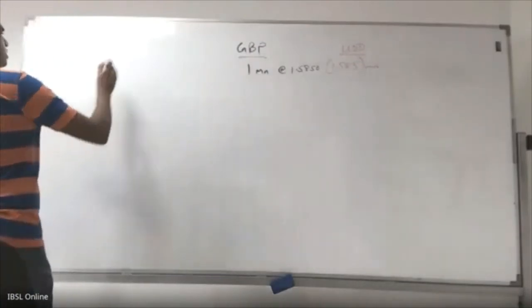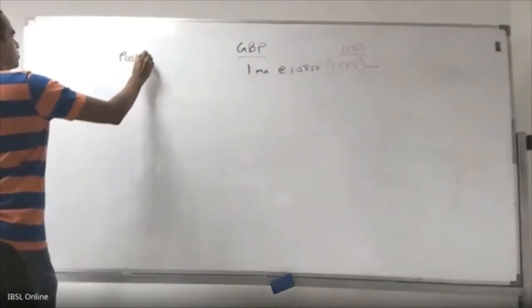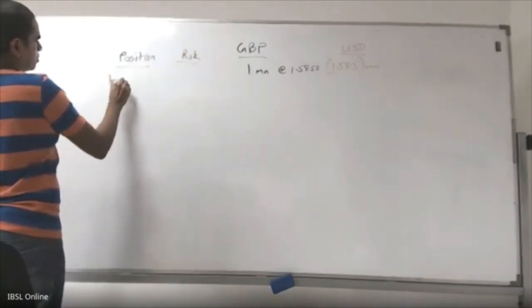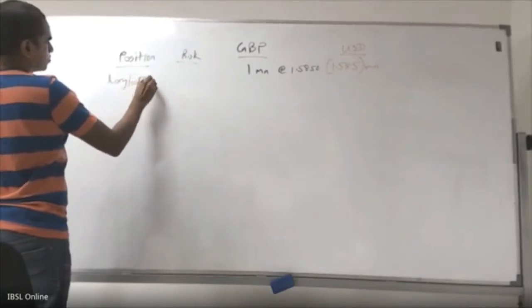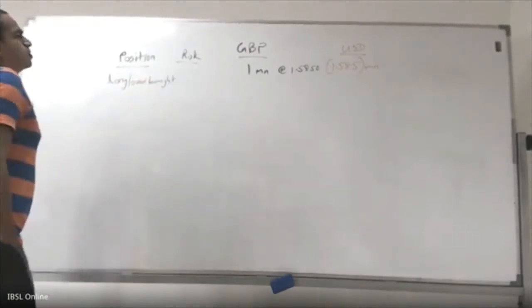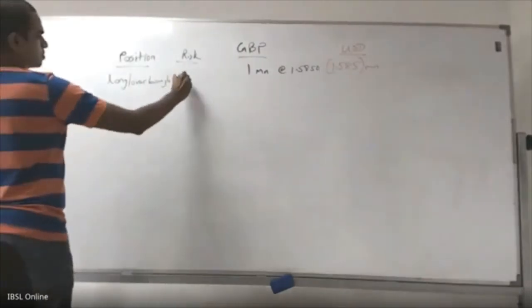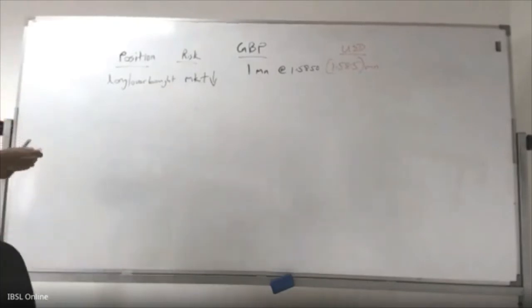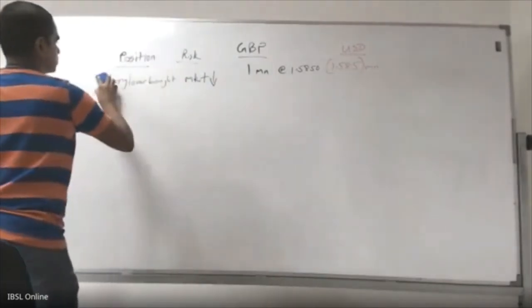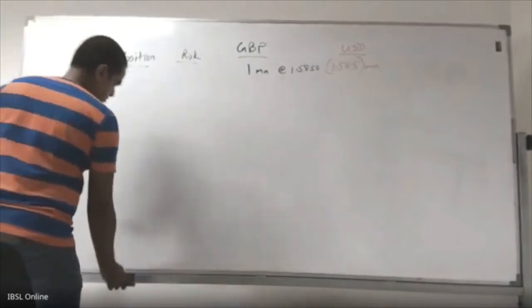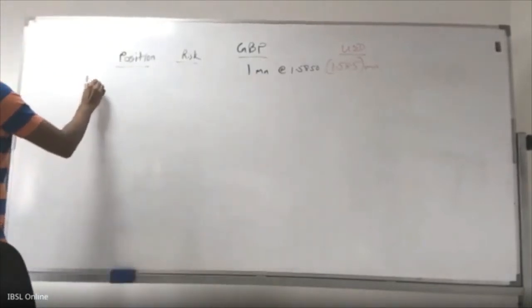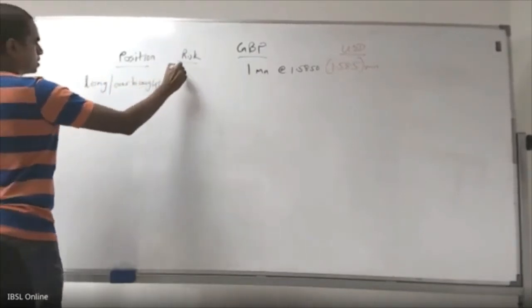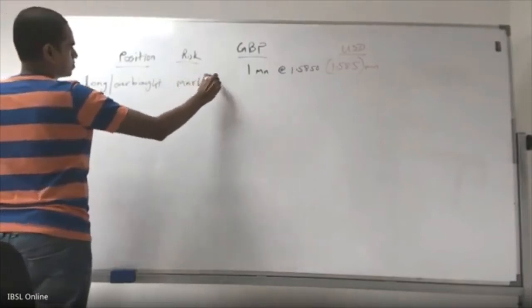Right? Let's write it down. Your position and risk. If you are long, or in other words, overbought, your risk is the market falling.